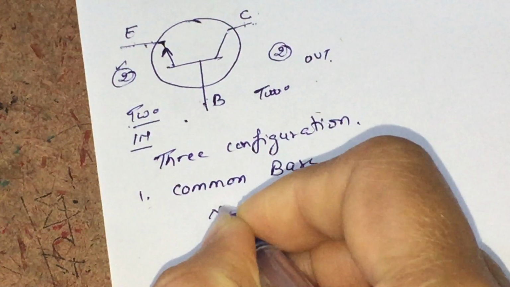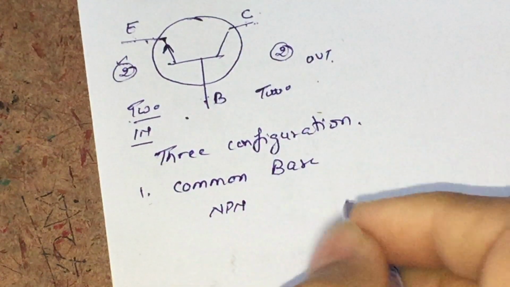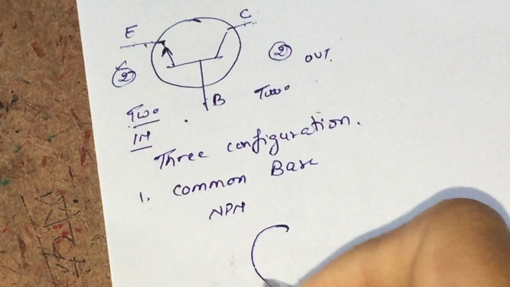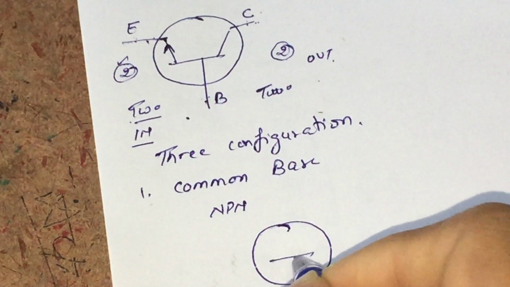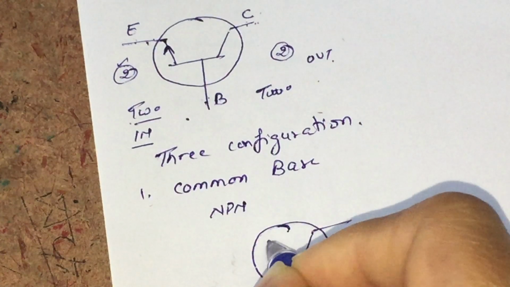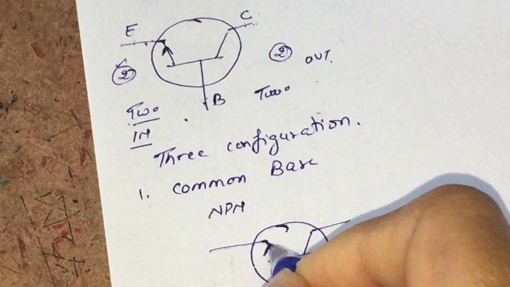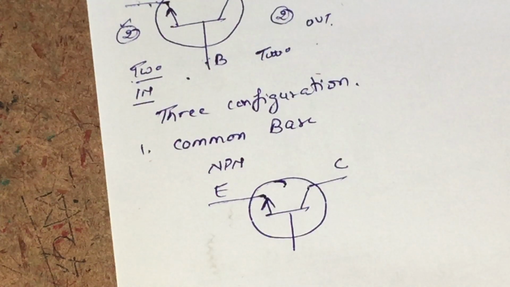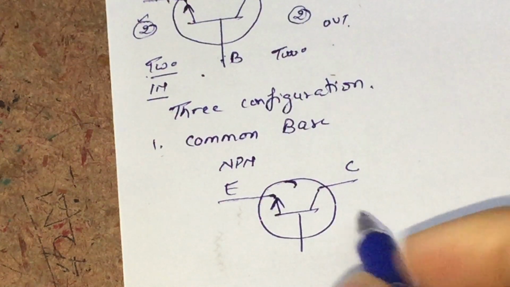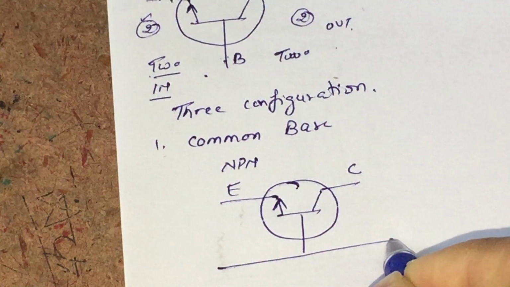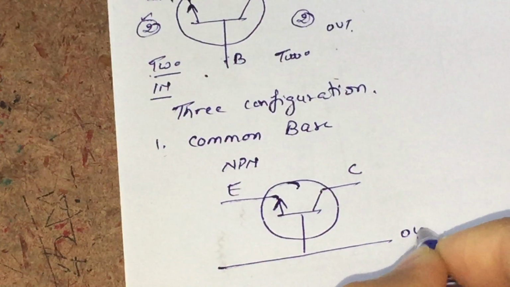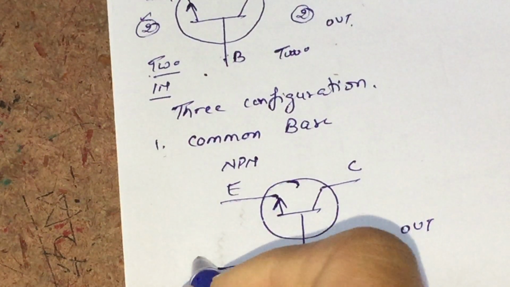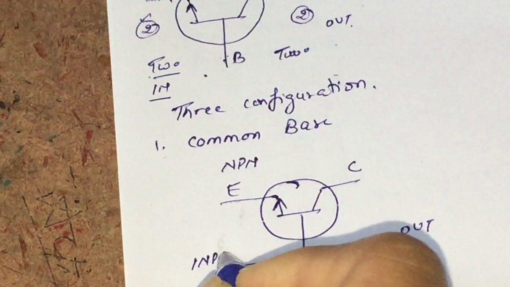For example, in case of an NPN transistor, if we have to show the base terminal as a common terminal, we will show it like this. This is our emitter terminal, this is our collector terminal, and we will represent the base terminal on both sides, in the output side as well as in the input side.